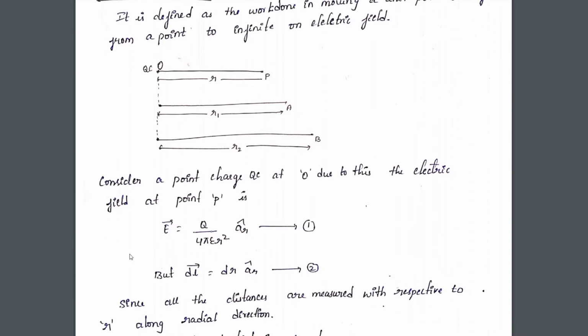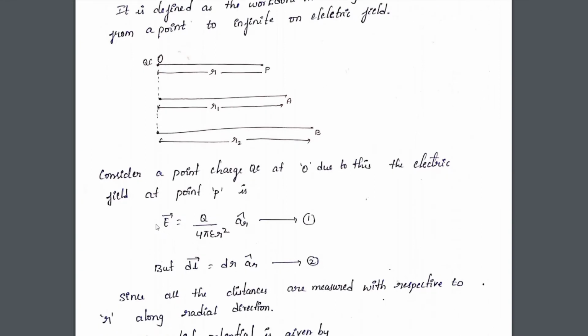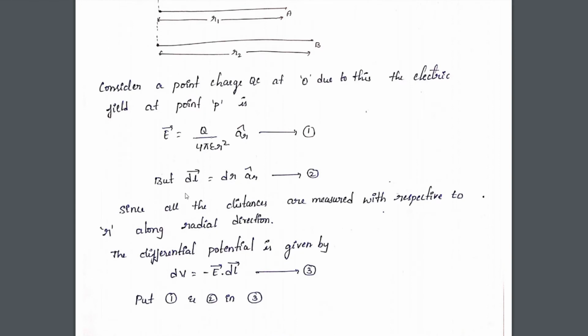So at point O, a charge of q coulombs is placed. Due to this q coulombs at the point P at a distance r, electric field is obtained. So all of you know the expression for electric field is what? Due to point charge, q by 4 pi epsilon r square into ar. That is the first equation you'll get.